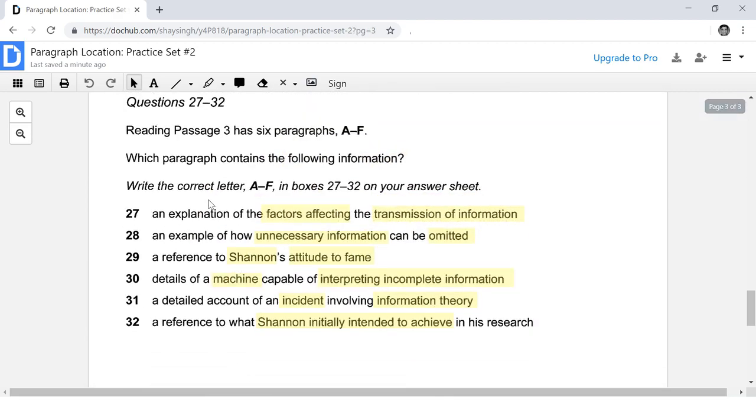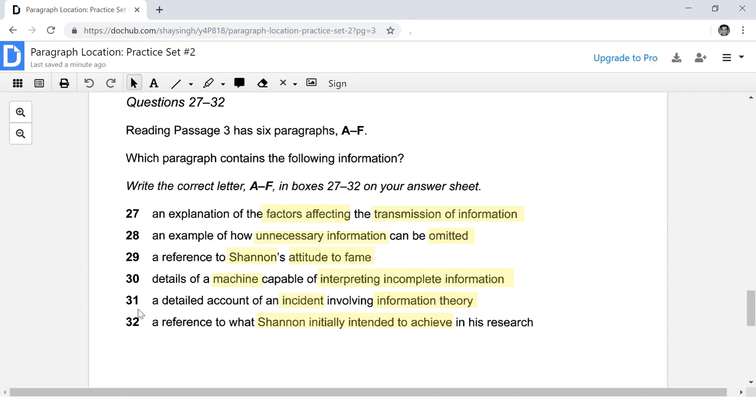Especially with paragraph location questions, you should be able to answer most of them right away, because you will already be familiar with these keywords, with the content, and with the information in each one of these paragraphs. So generally speaking, this should not take you a very long time, and these should not really be that difficult.